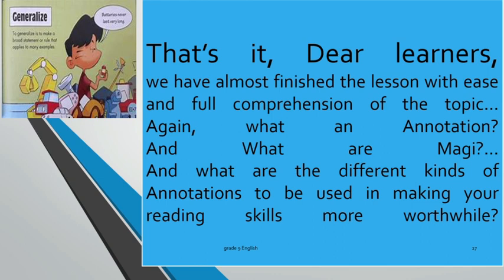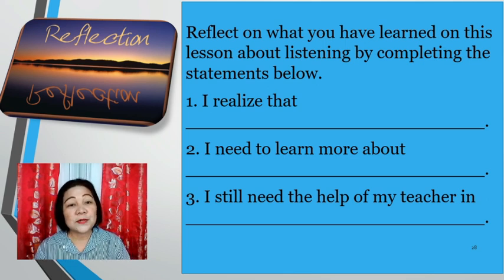That's it, dear learners. We have almost finished the lesson with ease and full comprehension of the topic. So again, what is an annotation? What are magi? And what are the different kinds of annotations to be used in making your reading skills more worthwhile? Well, dear learners, for our reflection, I want you to reflect on what you have learned in this lesson by completing the statements below.